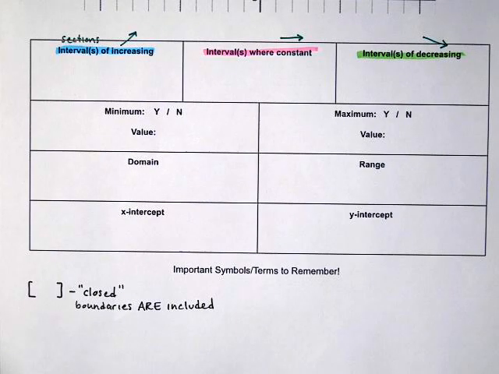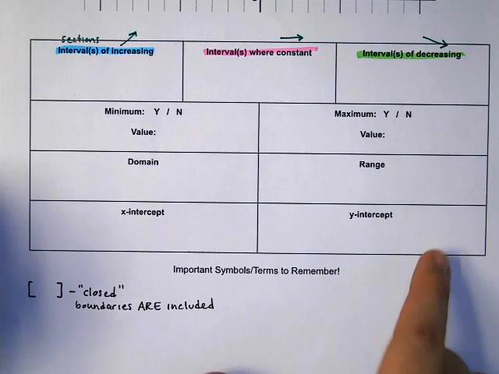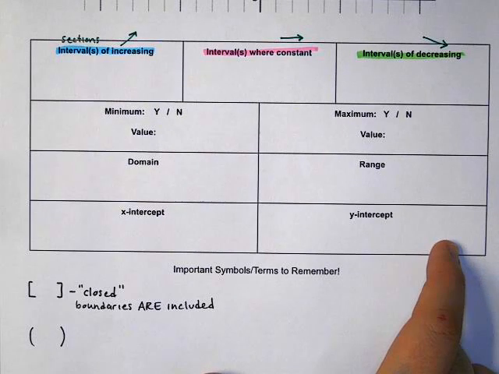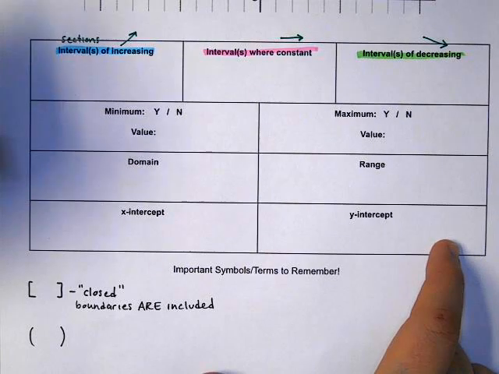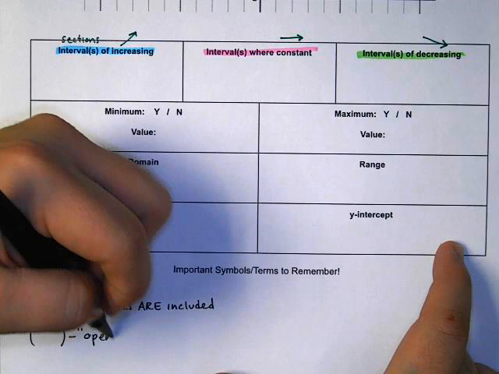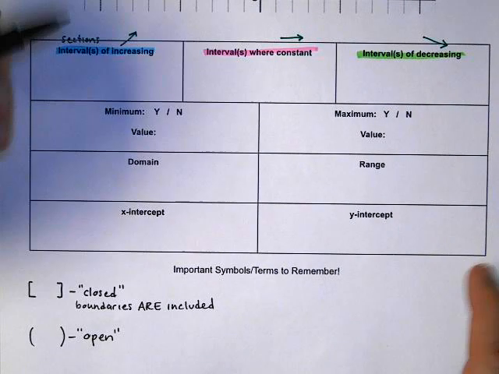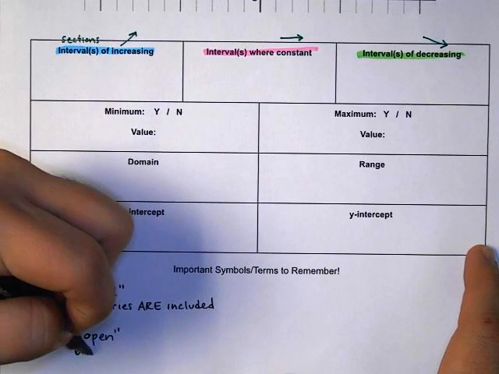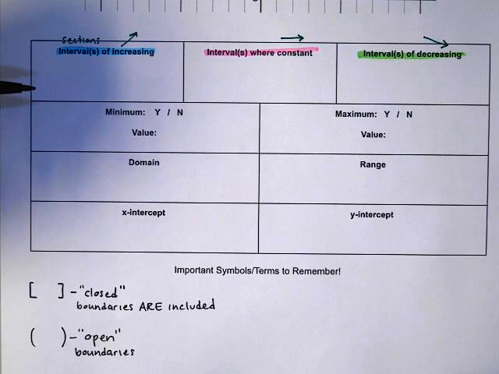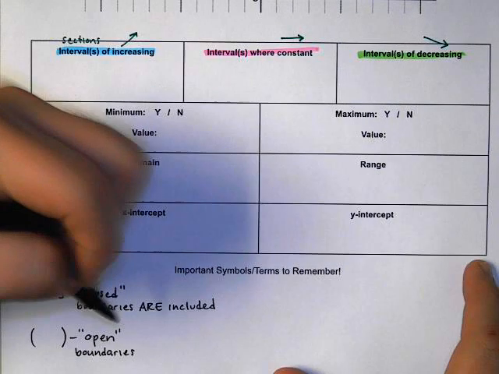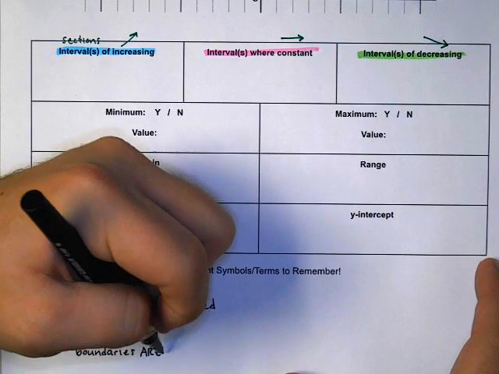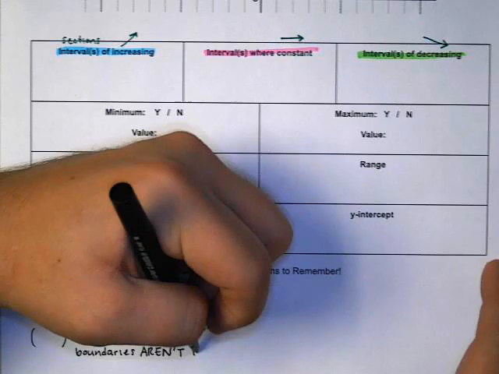So I'm actually going to give you another option that we're going to see in a little bit. If I don't use brackets, I can always use parentheses. Now it could be confusing with a point, but we use these, we say it's open. And what I mean by that is we still have the same boundaries, but we think about it just a little bit inside of it, all right? We don't actually include it. So boundaries aren't included.